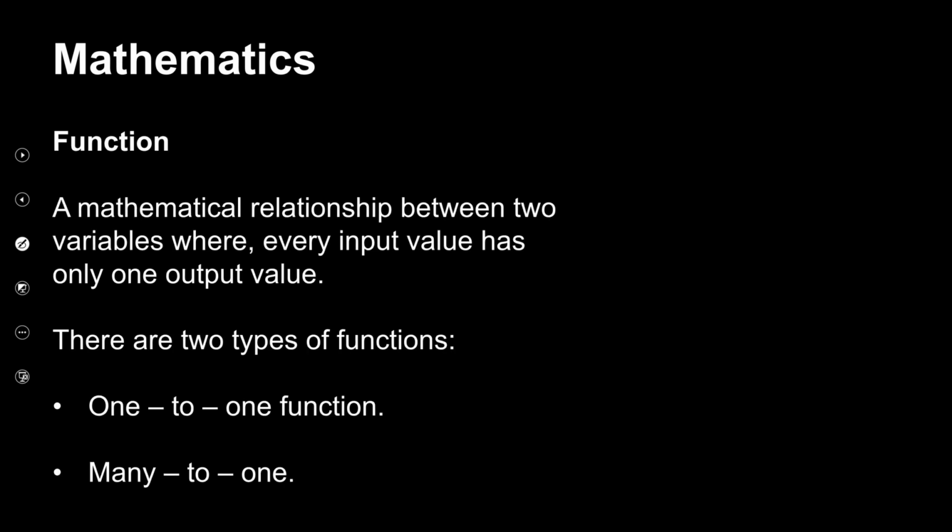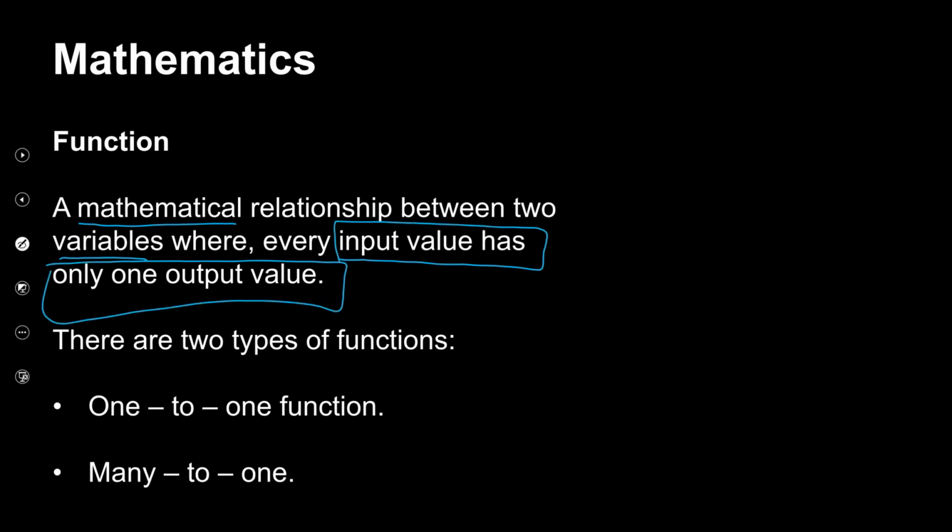Remember, a function, just a quick recap, is a mathematical relationship between two variables where we know that every input value must have only one output value. And then we have two types of functions, a one-to-one and a many-to-one.